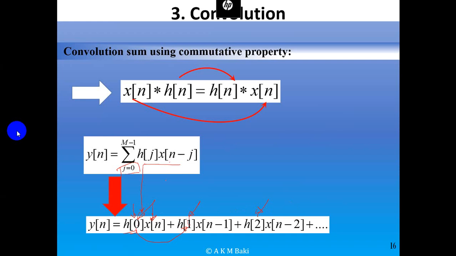And what is happening in the case of the input? The first sample is x of n, then decrement by 1, x of n minus 1, again decrement by 1, x of n minus 2.